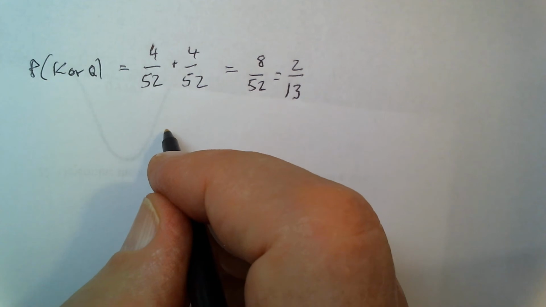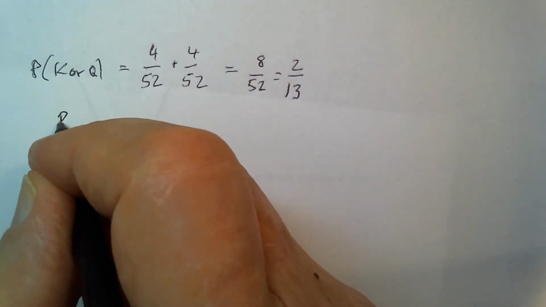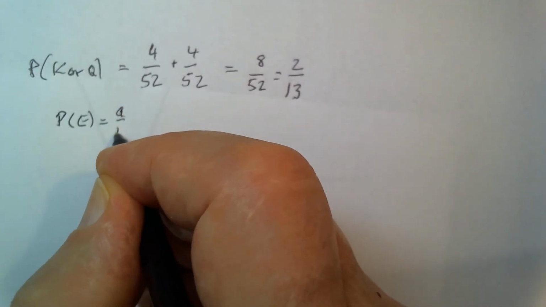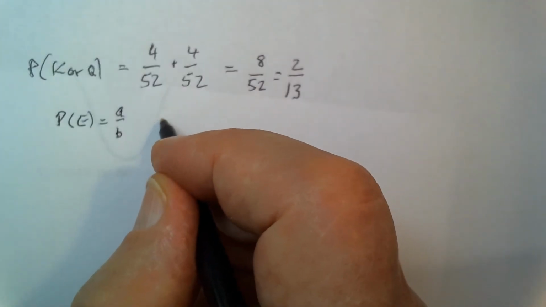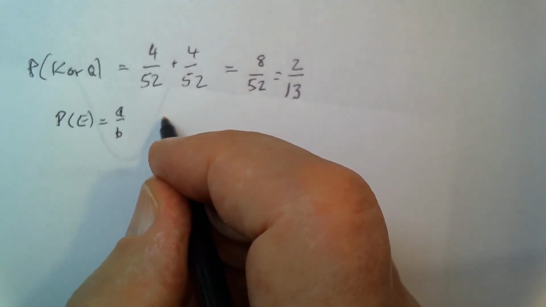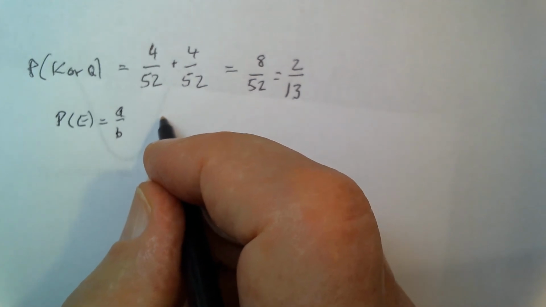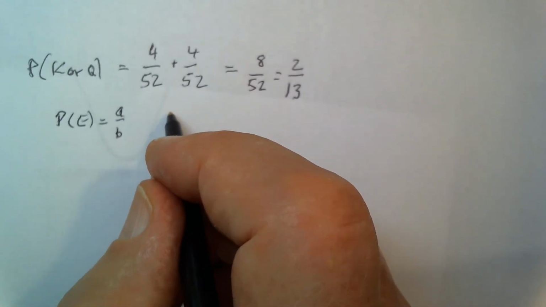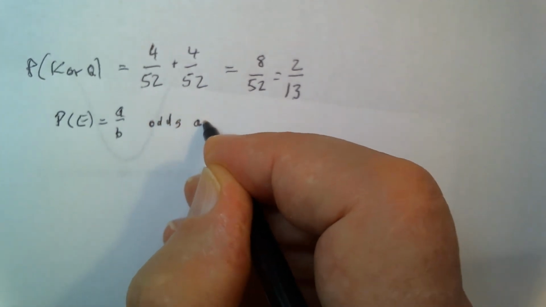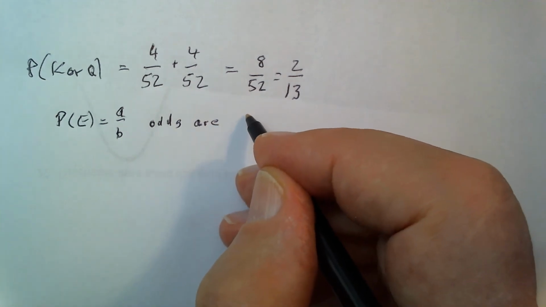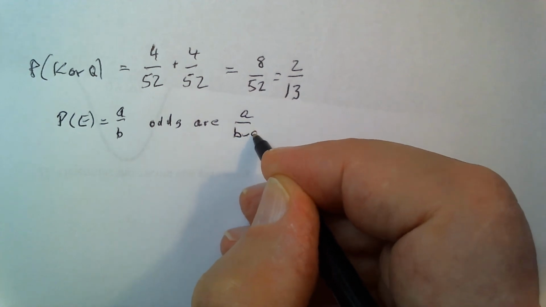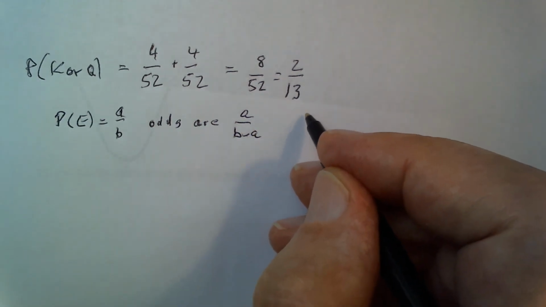To find the odds for this event, remember the probability of an event E, if that's A divided by B, then the odds for this event are A divided by B minus A. So what does it say for this example here?